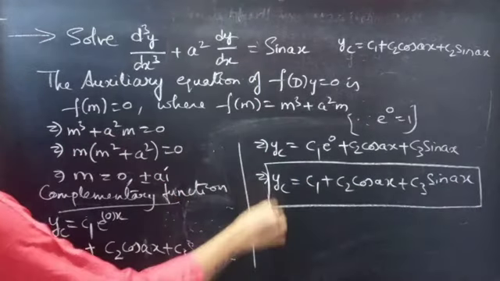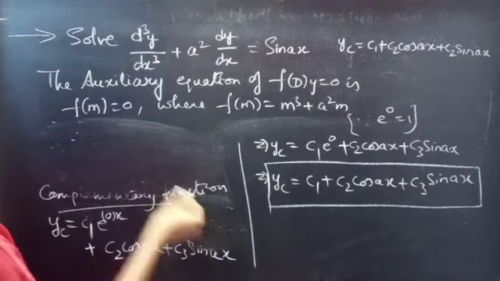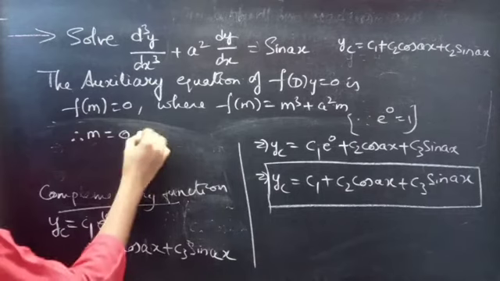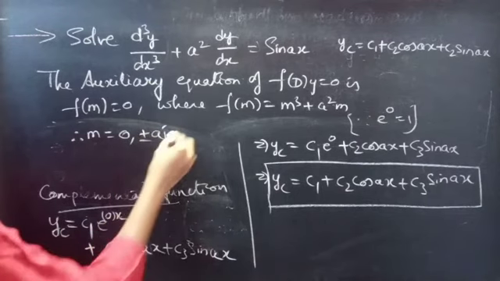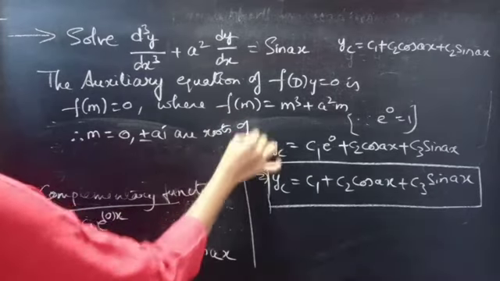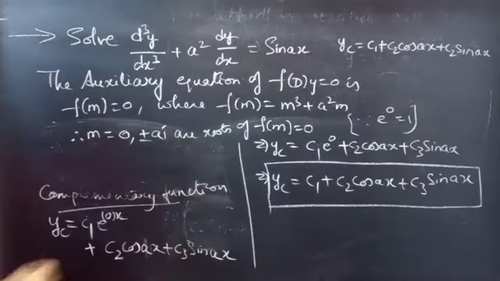Now let's find Yp. Before writing the complementary function, I forgot to write one thing. We got m equals 0 and plus or minus ai, right? Which are roots of our auxiliary equation f of m equals 0.